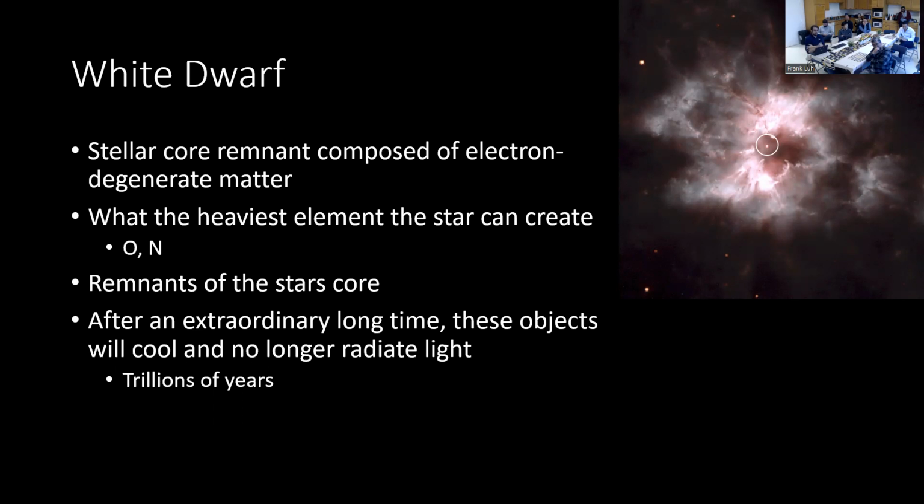These generally will be mostly made of oxygen and nitrogen left over from the star's core. Basically, these objects are very dim, radiating energy, the heat left over from the core, and as they do that, they'll generally get darker and dimmer. They'll eventually form black dwarfs after trillions of years of radiating that leftover energy.